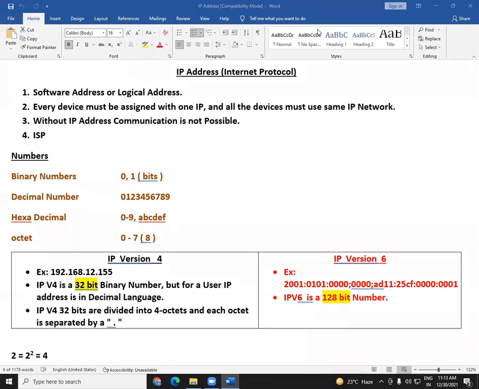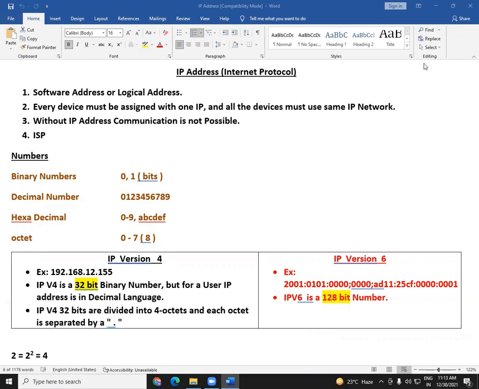A device will communicate with another device if there is an IP address on your device and the other device. Without an IP address, communication is not possible. Imagine you have taken a cable and connected 2 computers directly. They will not communicate with each other, because if there is no IP on your computer or on the other computer, they cannot communicate with each other.